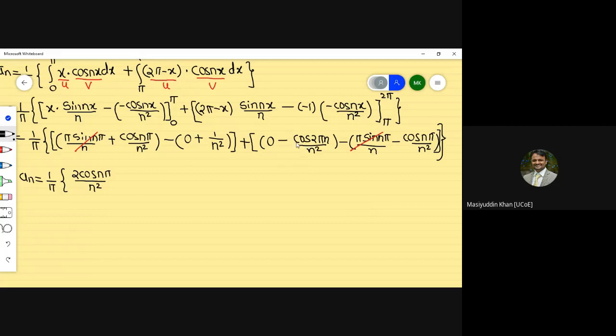Cos 2 pi n is plus 1. So plus 1, or I'm writing here for better understanding, cos of 2 pi n is equal to 1. So minus 1 by n square and minus 1 by n square will become minus 2 by n square. So we got the terms 2 cos n pi by n square minus 2 by n square.